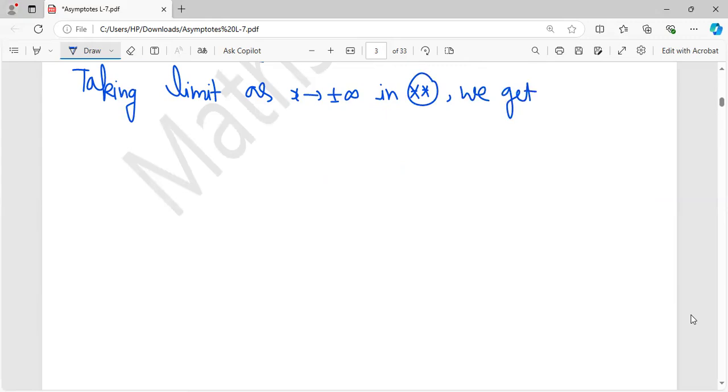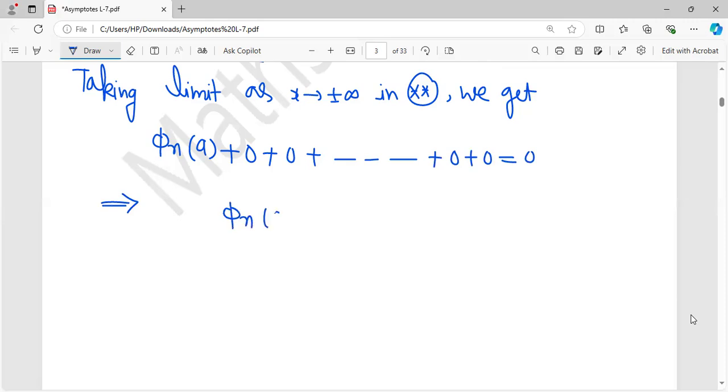We get φn(a), because y/x converges to a, and the next part will be 0, because in the denominator there is x and we are letting x tend to infinity, so this will be 0, and so on, this will be 0. So we have φn(a) = 0.